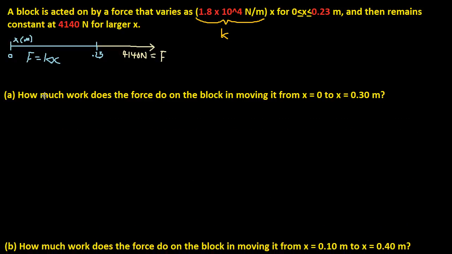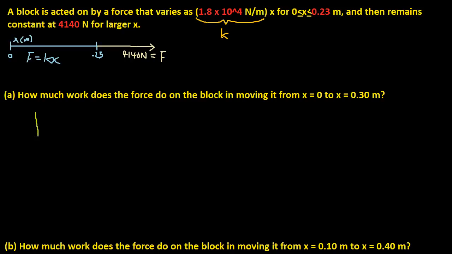Part A is asking how much work the force does on the block in moving it from 0 to 0.3 meters. Let's look at this problem graphically, and we'll delve into a non-graphical, more algebraic method on part B in the next video.